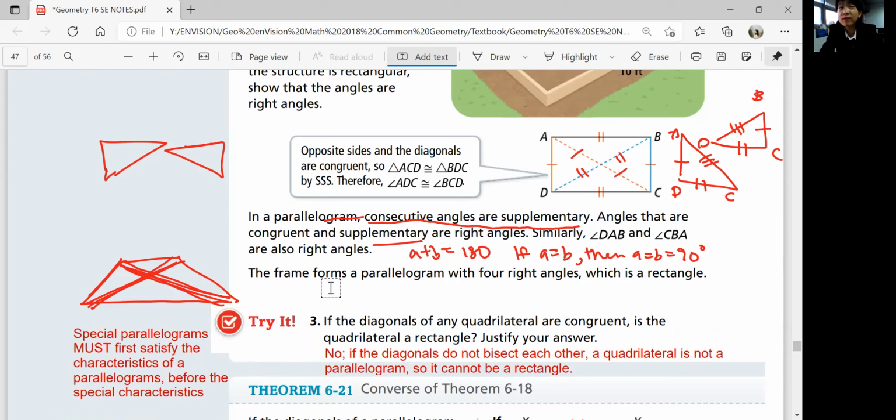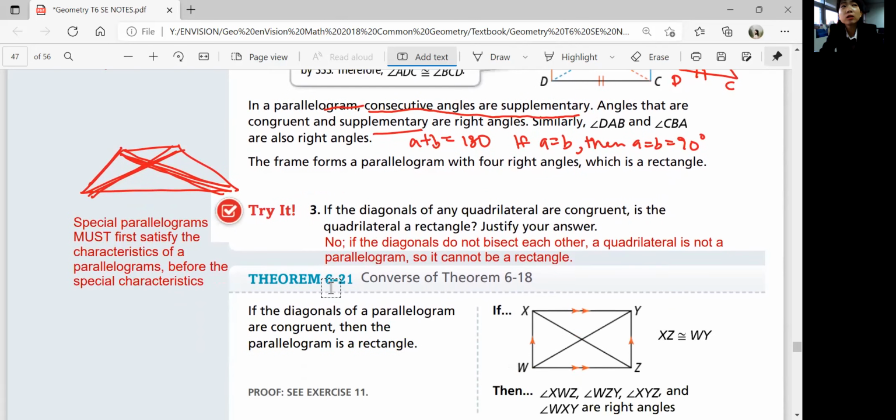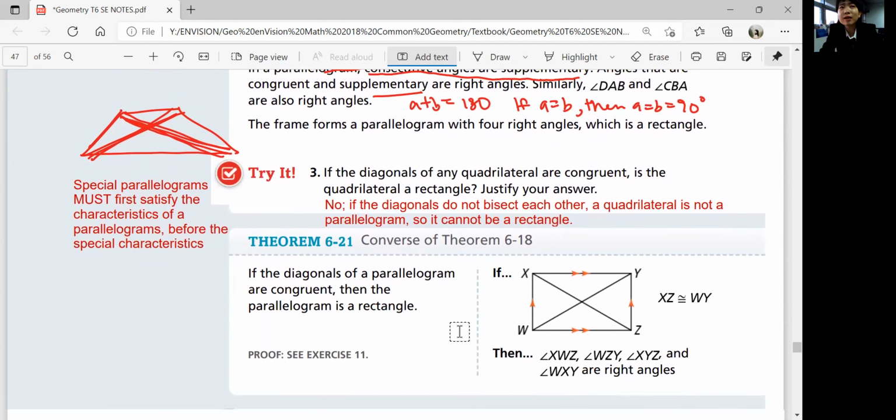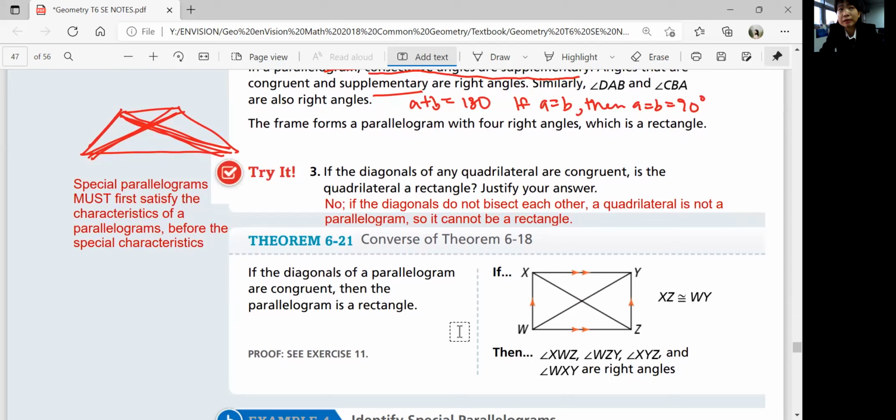If it's not even a parallelogram, then it's not going to be a special parallelogram. Remember that, it's very important. Sometimes it gets tricky. Theorem 6-21 is the converse of theorem 6-18. If the diagonals of a parallelogram are congruent, then the parallelogram is a rectangle.